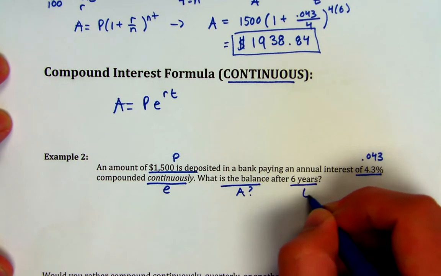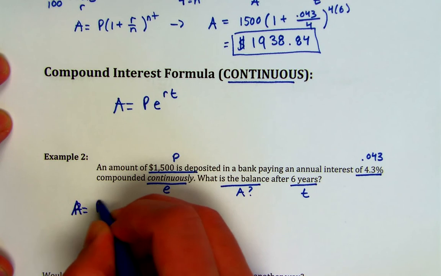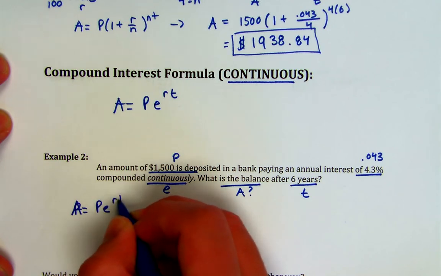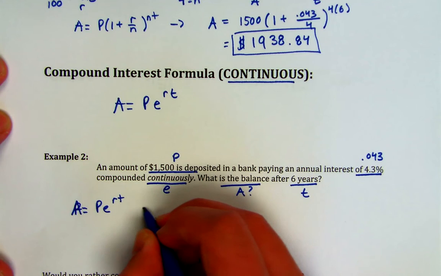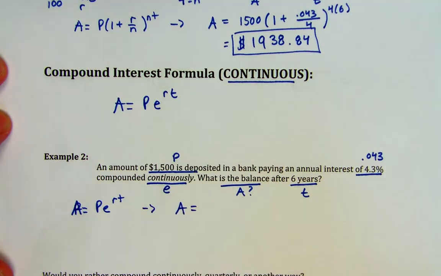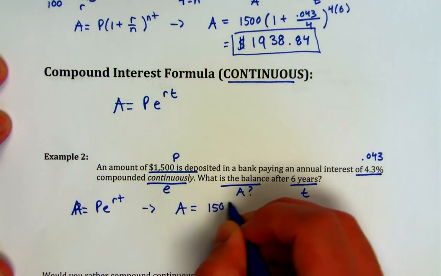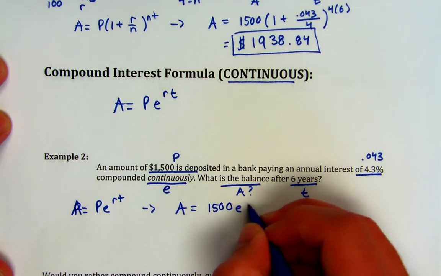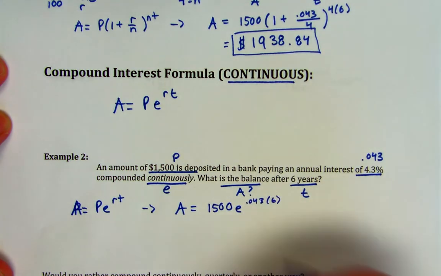After 6 years, T. So A equals P-E-R-T. You can think of it as PERT. So the amount equals 1,500 E raised to the 0.043 times 6.